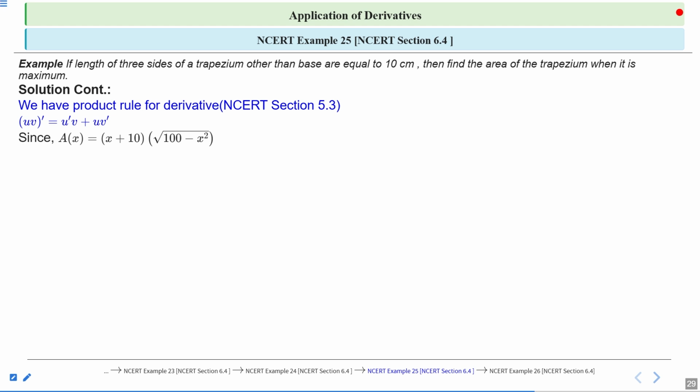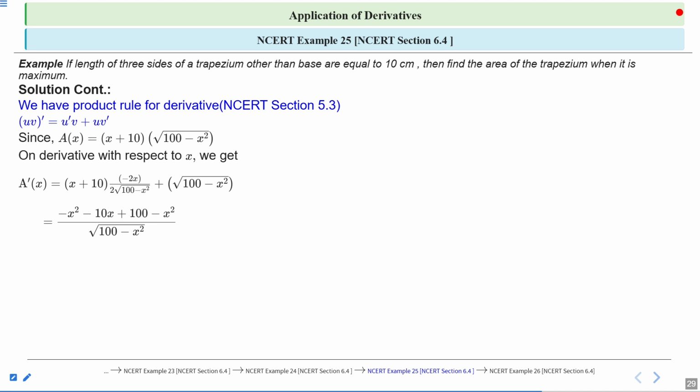Since A(x) is equal to x plus 10 into root over 100 minus x square, on derivative with respect to x, we get A'(x) equal to x plus 10 into minus 2x upon 2 root over 100 minus x square plus root over 100 minus x square, which is equal to minus x square minus 10x plus 100 minus x square upon root over 100 minus x square, which you can write as minus 2x square minus 10x plus 100 upon root over 100 minus x square. Clear?